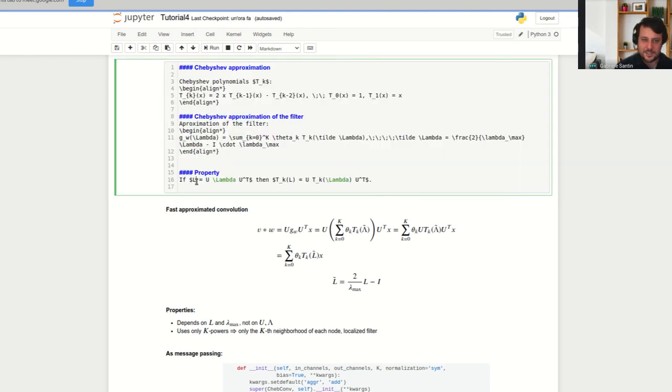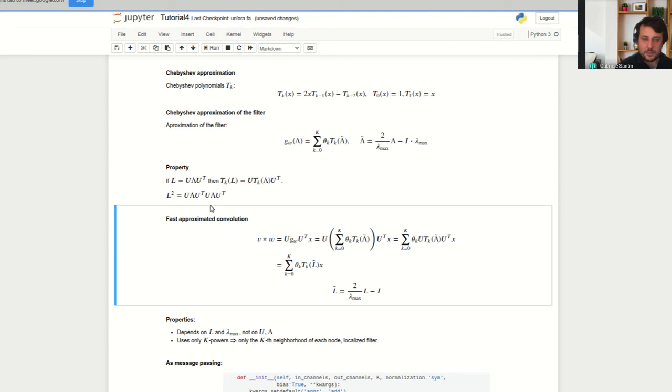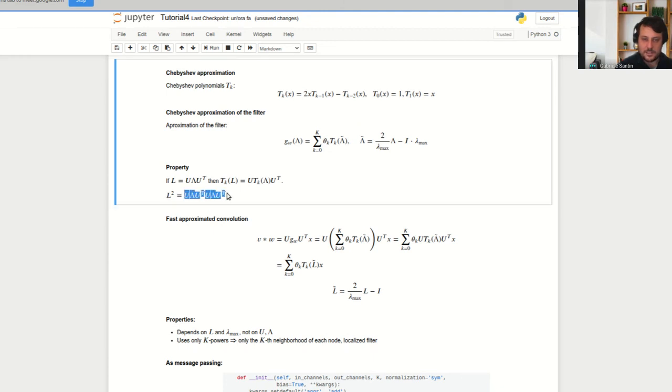So I can show you. If you want to have L squared, for example, you can take this one and multiply by itself, okay? And now the U transpose and U cancel.